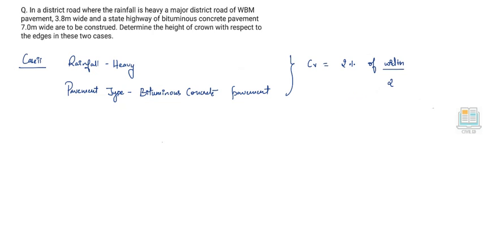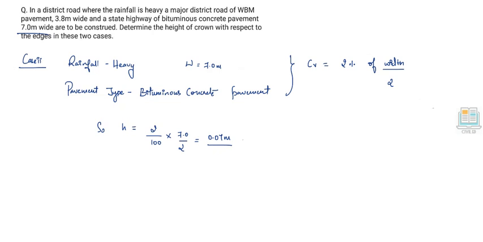So the crown height will be equal to 2% multiplied by width. The width in this case, it is a state highway, was specified as 7.0 meters. So it has to be 7.0 divided by 2. This will give us a value of 0.07 meters. So this is the answer in case 2.